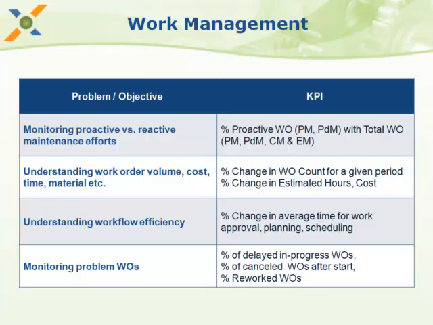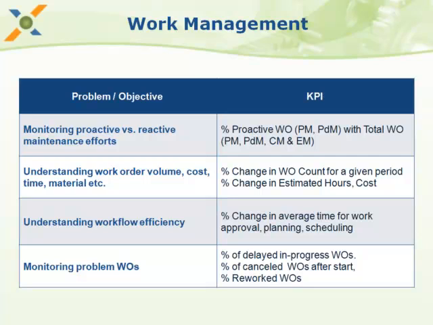Understanding volume of the work to be done, cost, time, material. In this case, we can monitor percentage change in work order count for a given period. We can compare it with a similar time frame from the previous year, or we can do it quarter to quarter, month to month, etc. Just from a work order workflow efficiency standpoint, if you have instituted a new process or a new methodology, we can monitor percentage change in average time for approval, planning, scheduling.